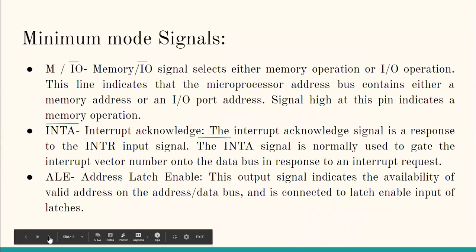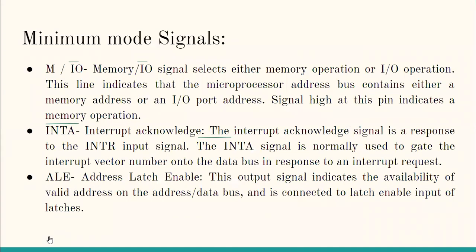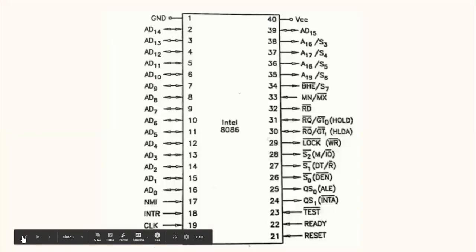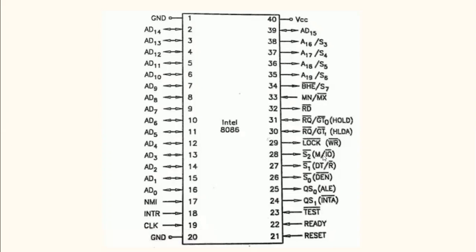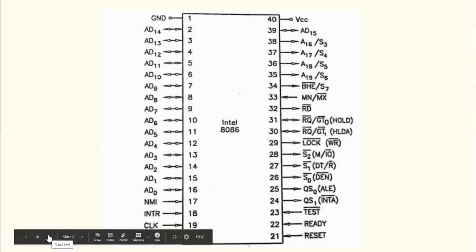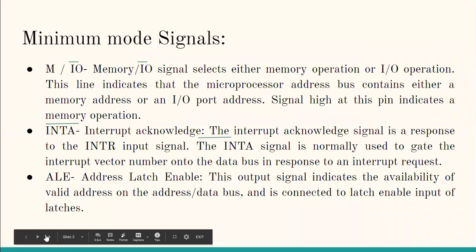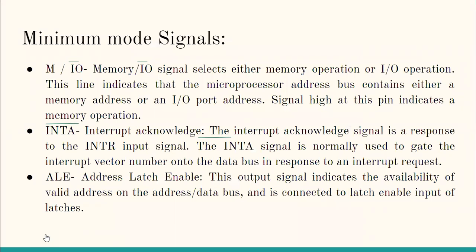Let us start with the minimum mode signals. The minimum mode signal which we can see over here, M/IO bar, pin number 28, indicates the status of operation. M stands for memory and IO stands for input output ports. The transfer which is happening, whether it is between the processor and memory or the processor and IO, is indicated by the value on this signal.